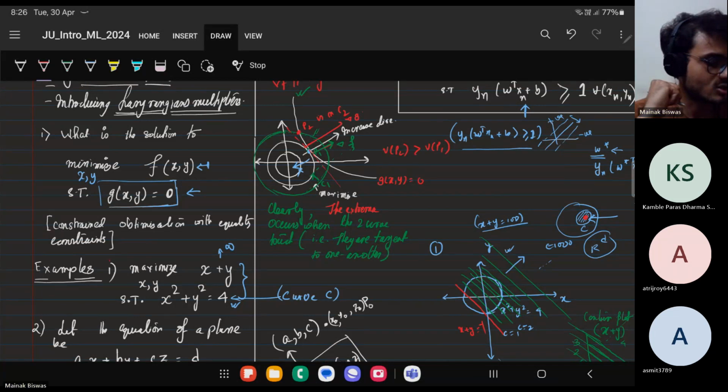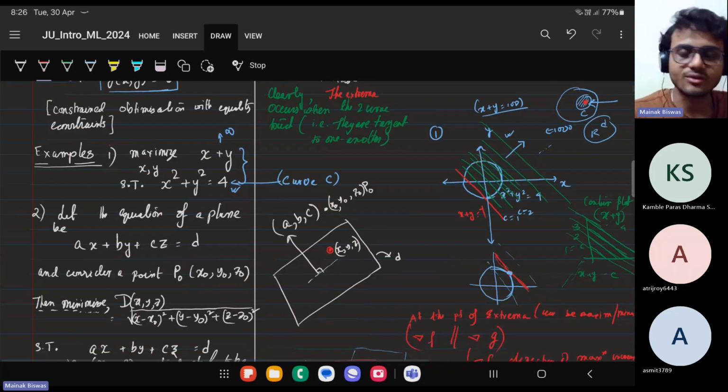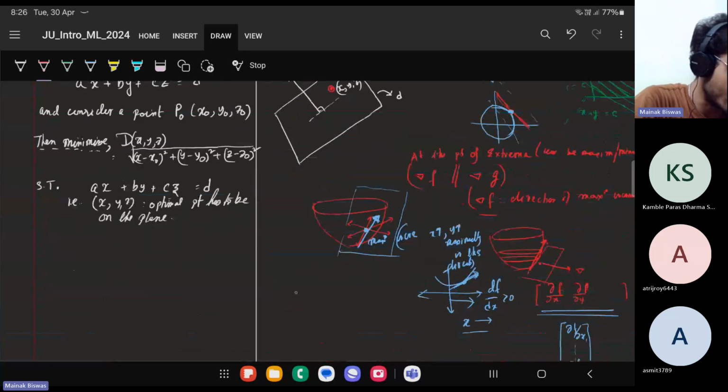Perpendicular to the tangent. Yes or no? It is a bit difficult to conceive in 3D or more dimensions, but if I draw the contours, it is easier to understand.